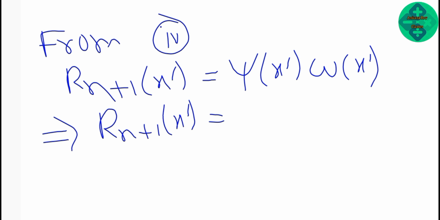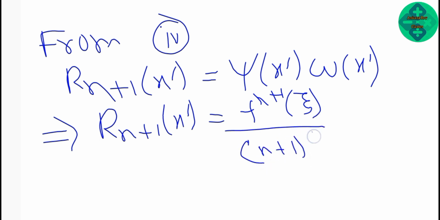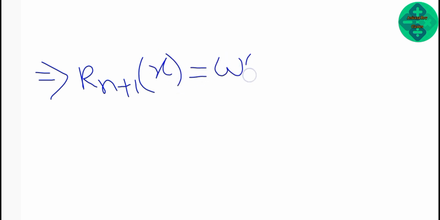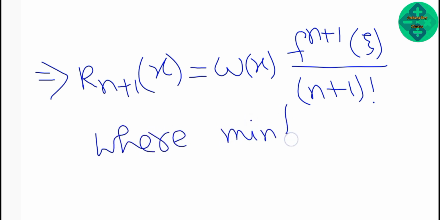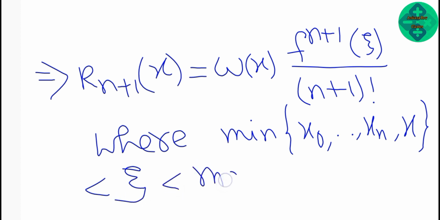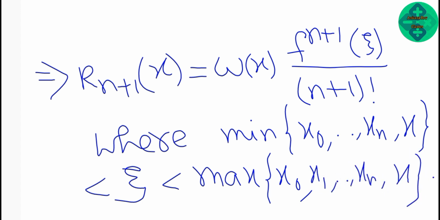Putting the value of psi(x'), R_{n+1}(x') is the (n plus 1)th derivative of f at the point xi divided by n plus 1 factorial into omega(x'). Since x' is arbitrary, R_{n+1}(x) is equal to omega(x) into the (n plus 1)th derivative of small f at the point xi divided by n plus 1 factorial, where the minimum of x0 up to xn and x is less than xi less than the maximum of x0, x1 up to xn and x. This is the required error term.